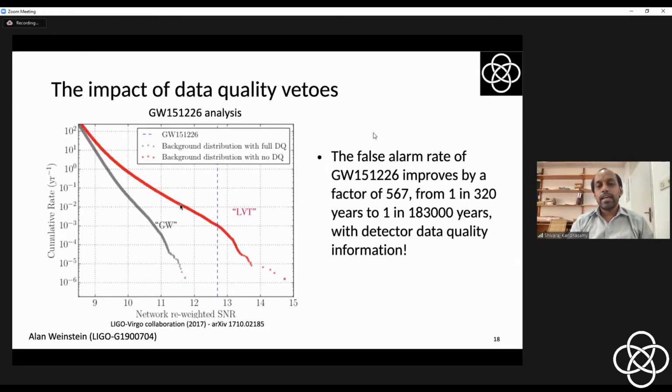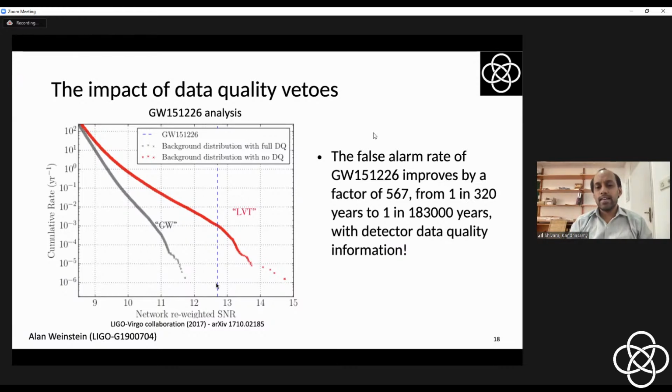So we basically go from red to this brown distribution of the triggers. This is just from random noise, and you can see that the event has an SNR that is much further than the distribution. Then we can confidently say that this is a gravitational signal because it is not falling within the expected distribution of random fluctuations.